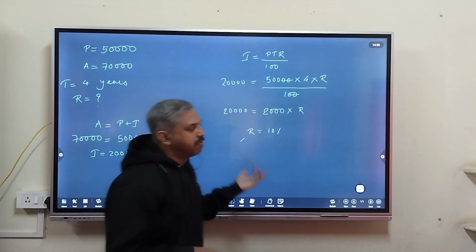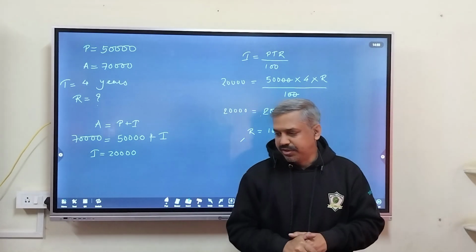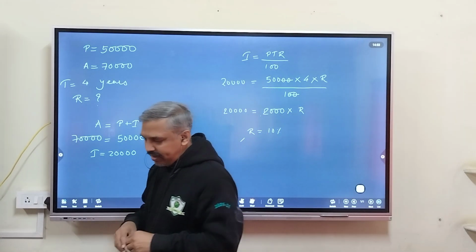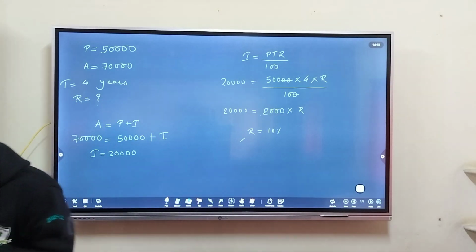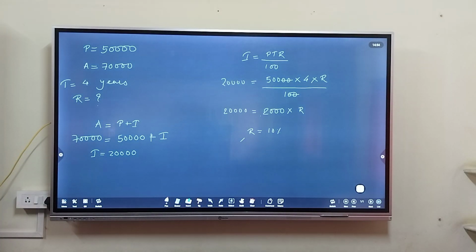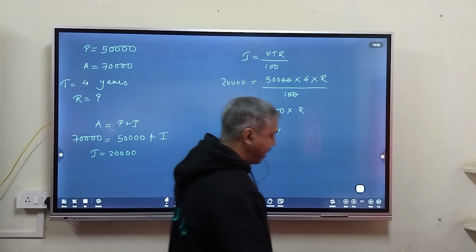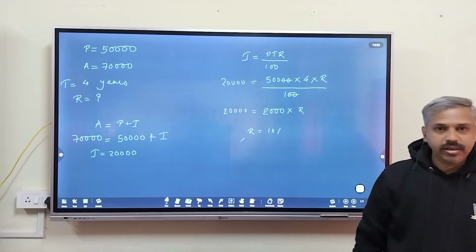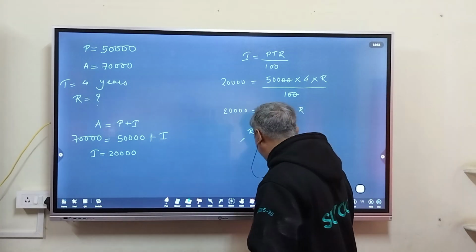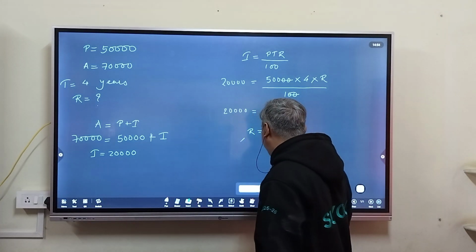So this is what simple interest and the calculation based on simple interest look like. Now, if there is something we call simple interest, there must be something we call compound interest. The next kind of interest is called compound interest.